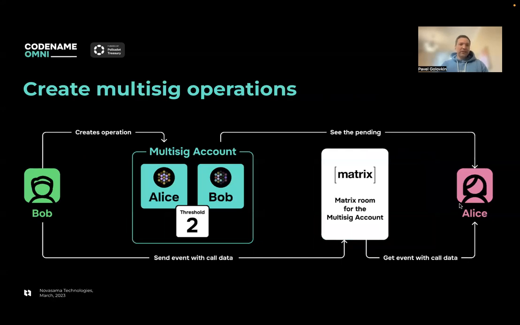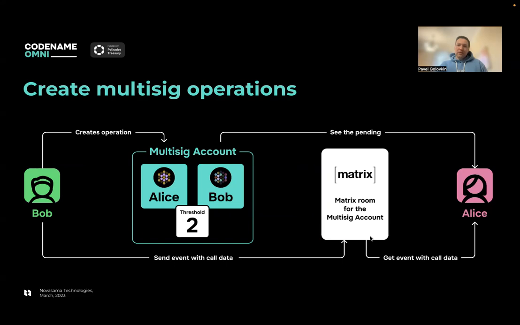The next thing is creating the multi-sig operation. How does it work? Bob creates the operation from the name of a multi-sig account. And if creation goes well, Bob sends the call data to the Matrix room that was created in the previous step. Alice sees that there is a pending transaction from the chain, because its information is stored on chain.